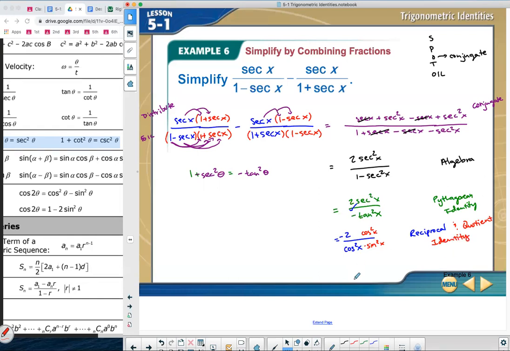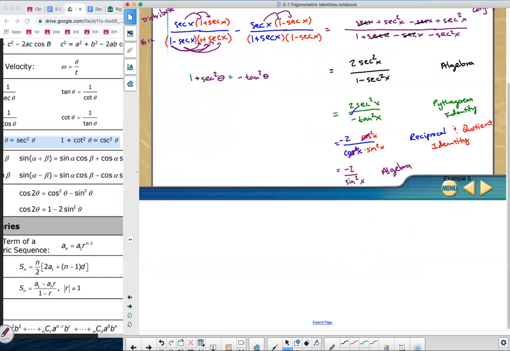And then finally here, I could simplify. Cosines cancel each other out. -2 over sine squared. That right there is algebra. And I said finally, but I realized I got one more step now.